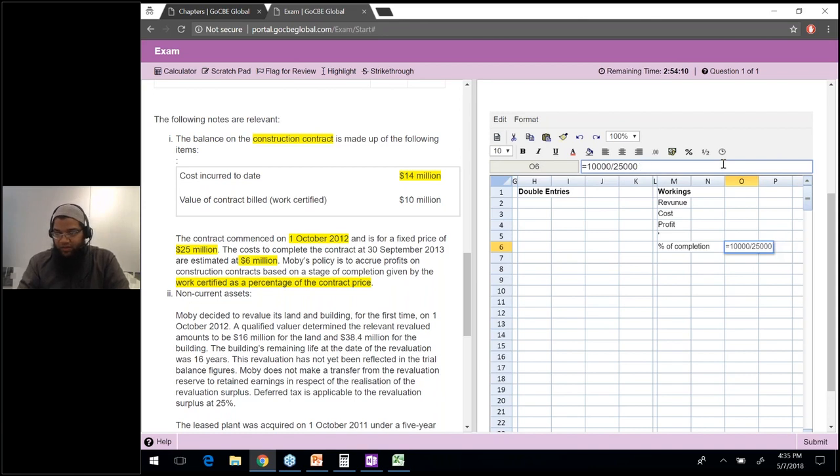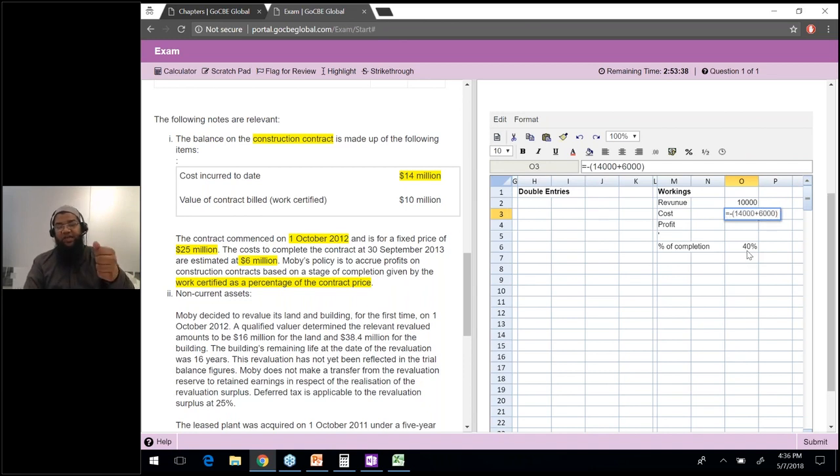Or you can even use this percentage to convert the value into the percentage. So the work done is actually work agreed of 10,000 divided by contract price of 25,000, which makes the work 40% done. So the revenue is going to be 25,000 into 40%. The cost will be negative, which is 14,000 plus 6,000.